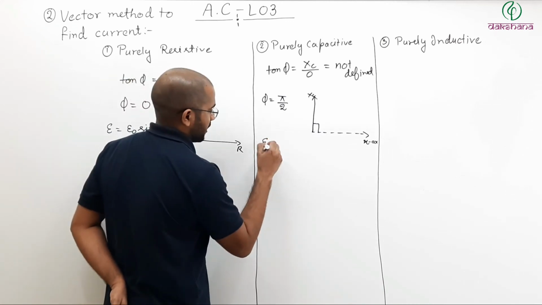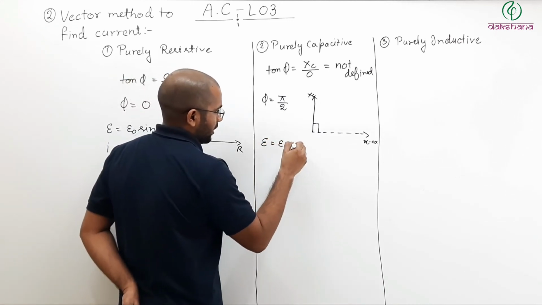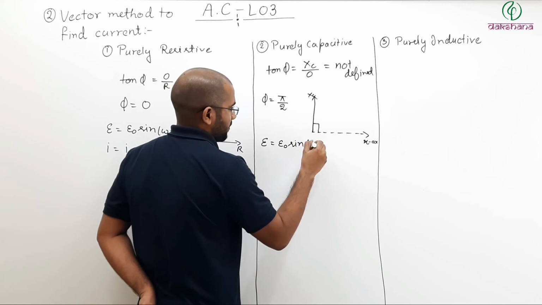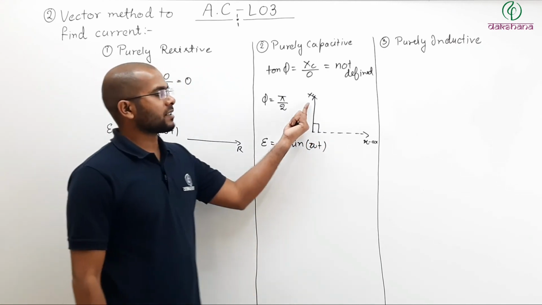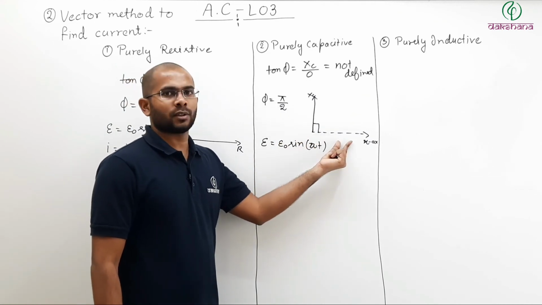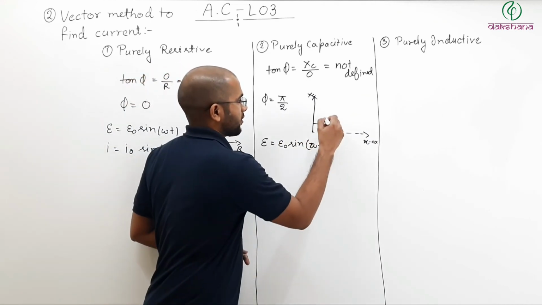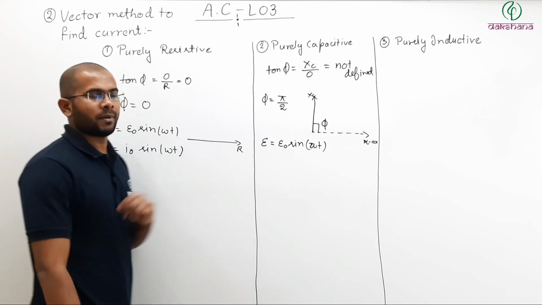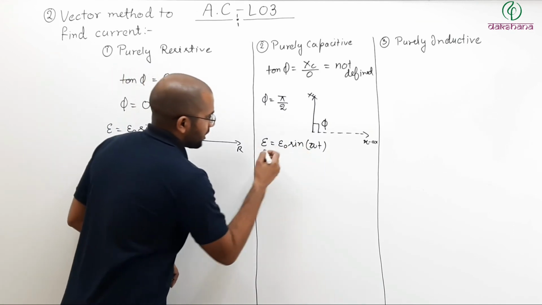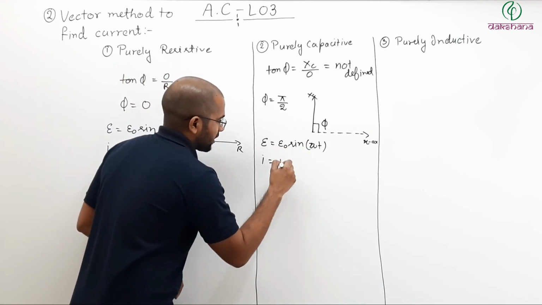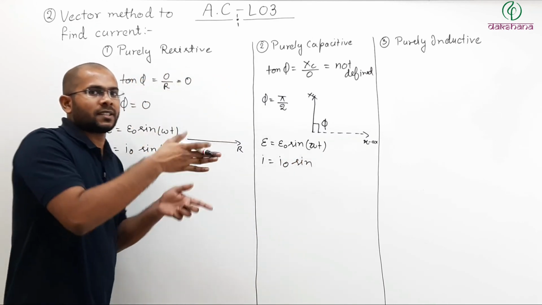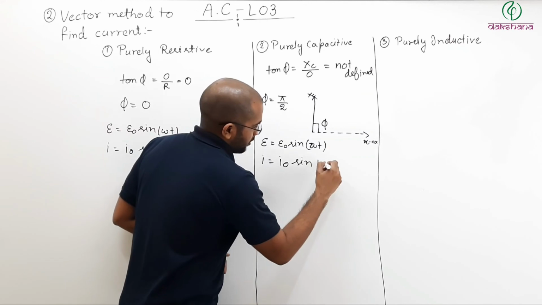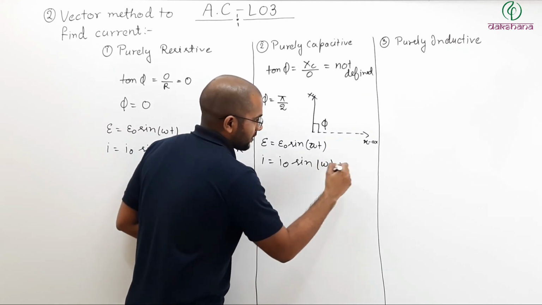What is the current? If EMF is E naught sine of omega t, because you see here x is here and this is 0, so this is your phi, which is pi by 2. Now if EMF is this, then current is written as I naught sine of omega t plus phi.